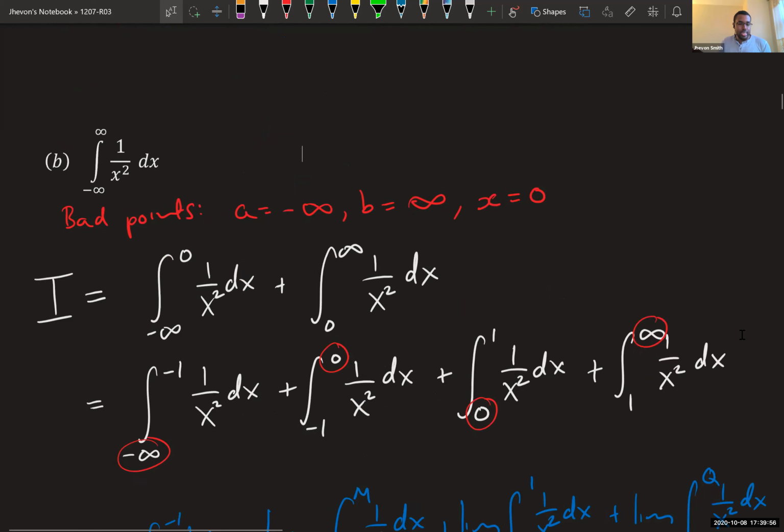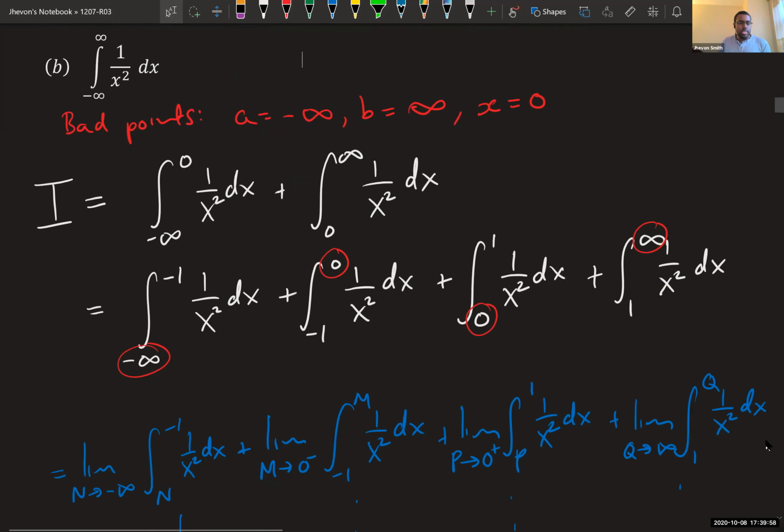Moving on to the next example, you'll notice that this one has a bunch of issues. What are the issues that don't make this jive well with the fundamental theorem of calculus? Well, the lower limit is negative infinity and the upper limit is infinity. And there's a point where the function is discontinuous in between these two. So negative infinity, infinity, and 0 were the bad points. So we had to break this integral up. The first breakdown is what we had here.